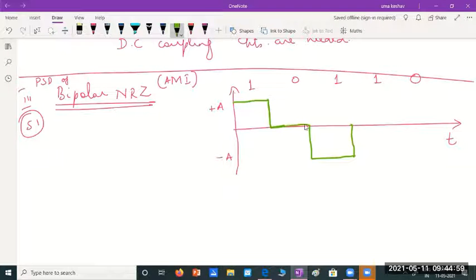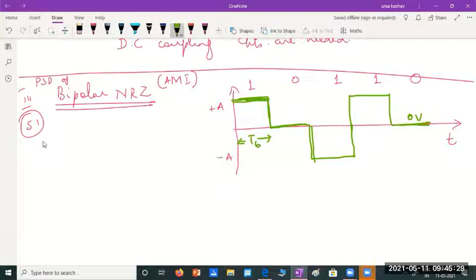First time I get it, it is plus A. Again, if I get 1 again successively, it should be inverted. Every time you get a 0, it will be represented with 0 volts, but 1 will be represented alternately with plus A and minus A, as you can see. Please remember the bit duration is T_B everywhere. This is called bipolar NRZ, alternate mark inversion.